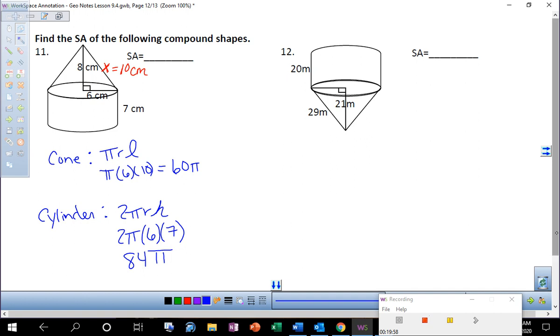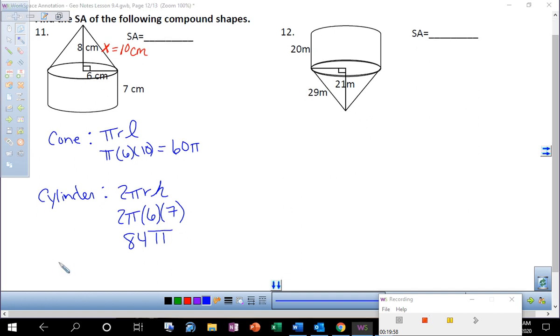And then lastly, we have our one base that it's sitting on. So area of our circular base, so area of a circle, pi r squared. So we've got 6 squared. So our base is 36 pi.